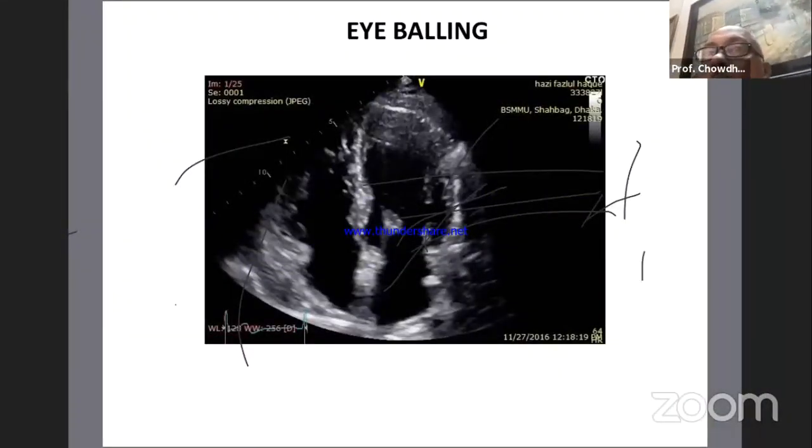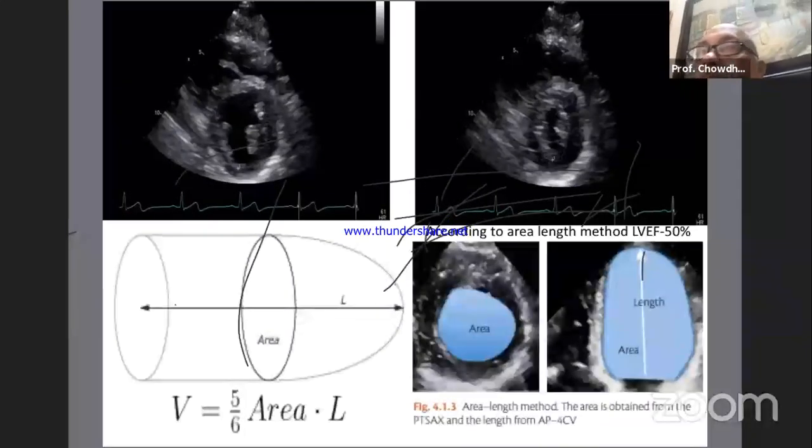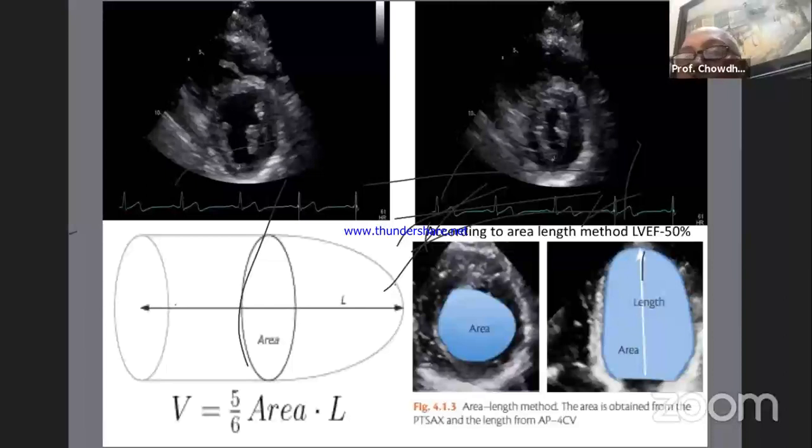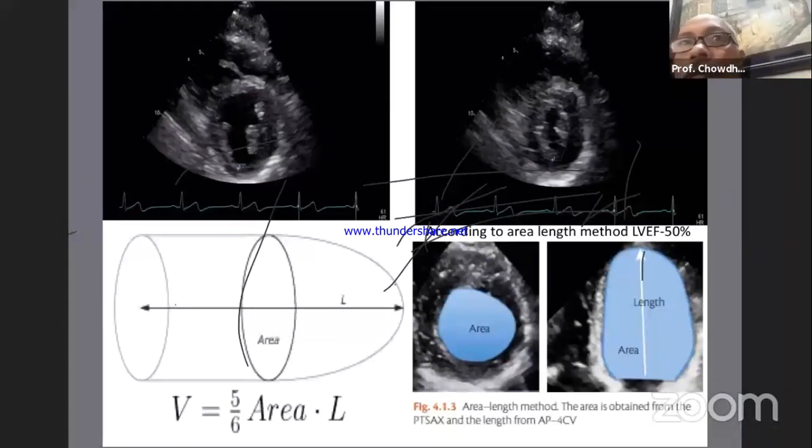I could not show the cine film. The area length method, also known as the bullet method. And as I have shown you, the inner cavity of the left ventricle is almost a bullet shape.